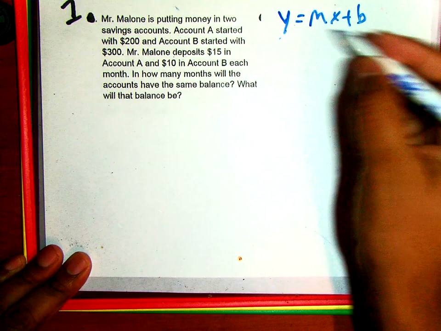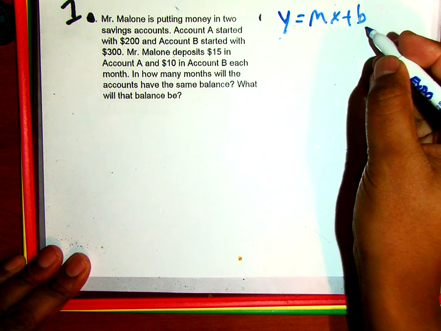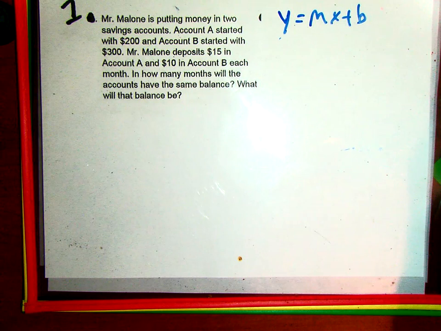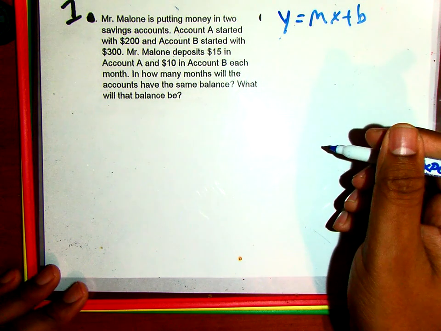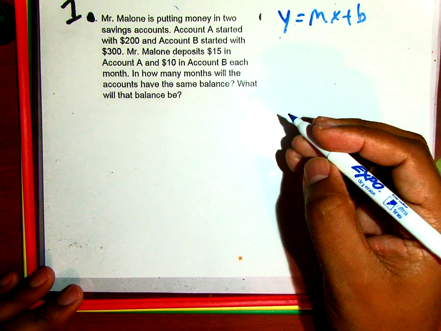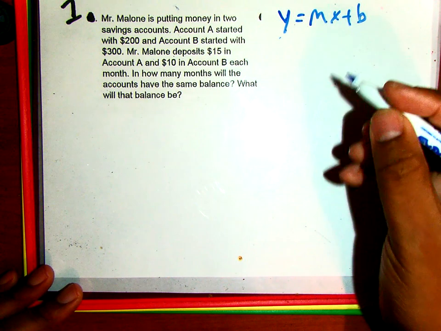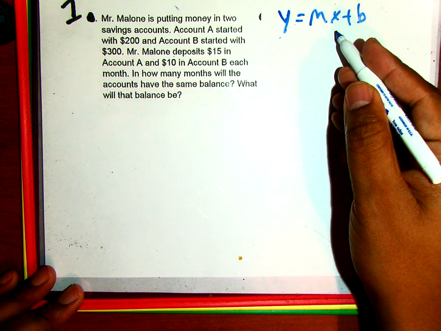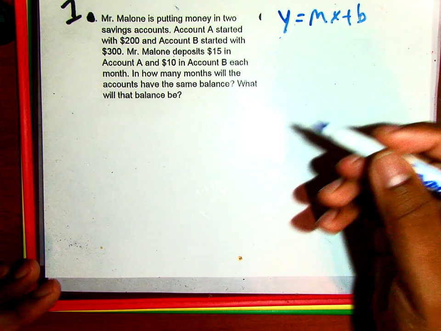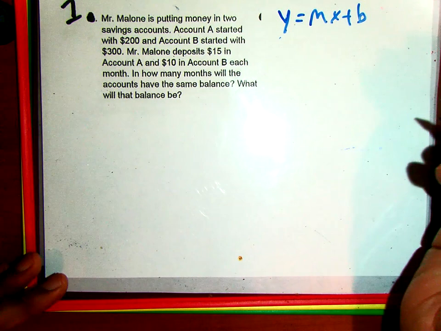And if both equations are this, you'll take the mx plus b parts and set them equal, as substitution, so you can solve it. So we're going to let the amount of months be our x, and the balance at the end, the dependent variable, we're going to make that be y.